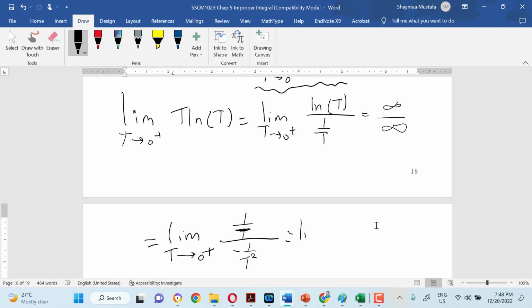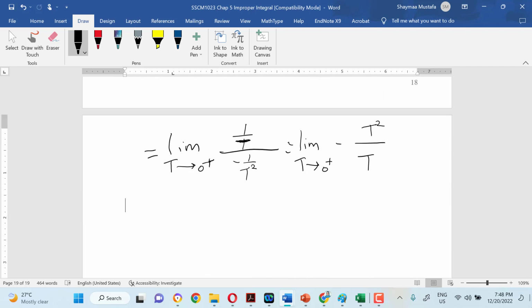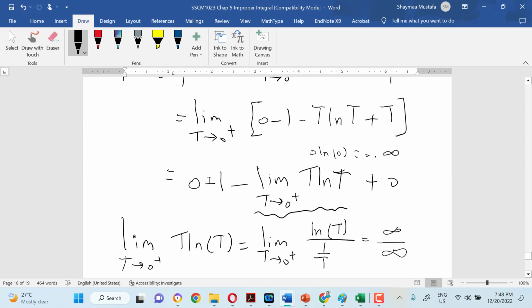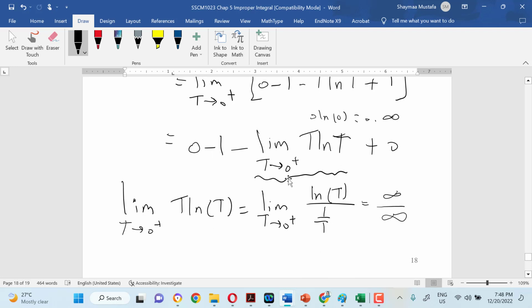And this is equal to the limit when t goes to 0 of minus t square over t, which is equal to the limit when t goes to 0 of minus t, which is 0.